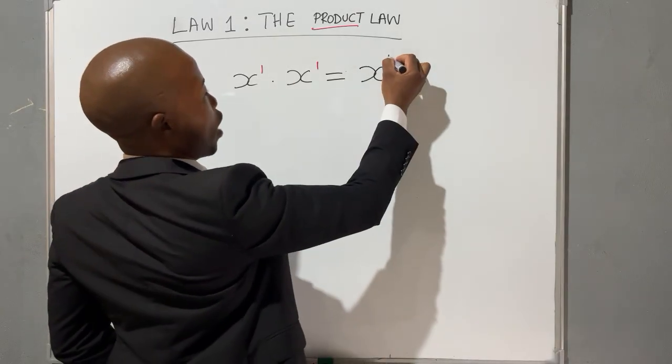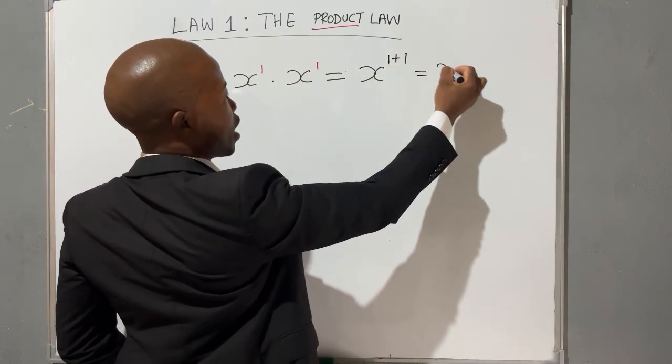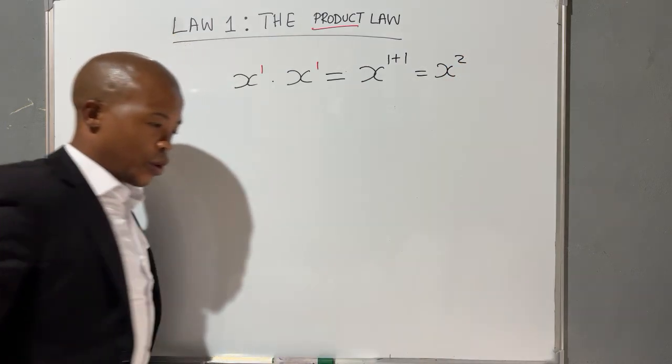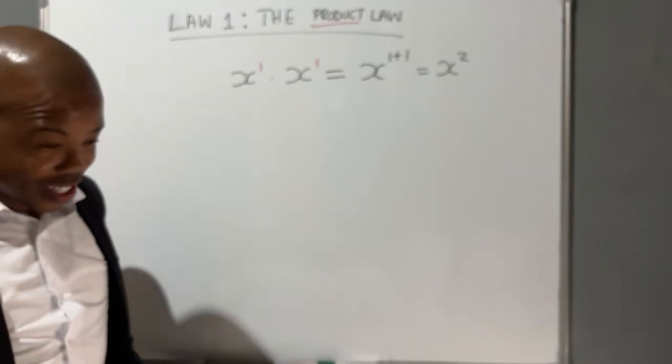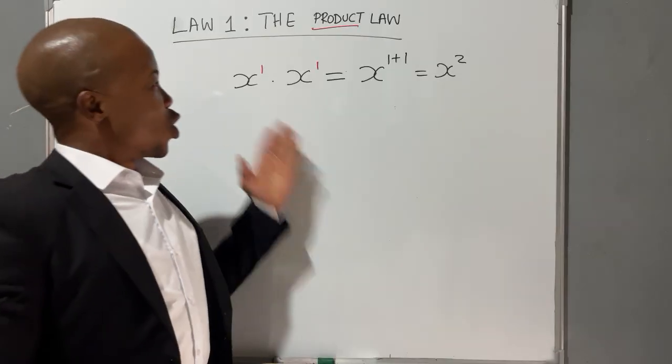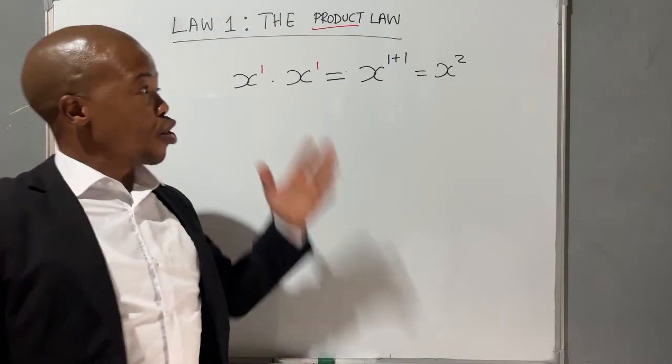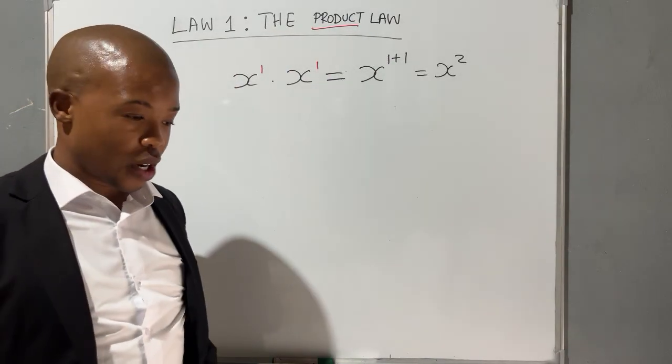So it's going to be 1 plus 1, which is x to the exponent 2. Are we following? So that is an example of how you can use the product law.